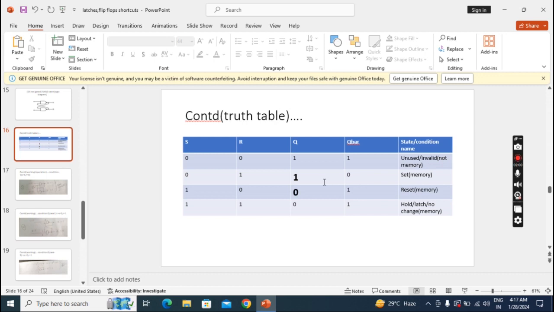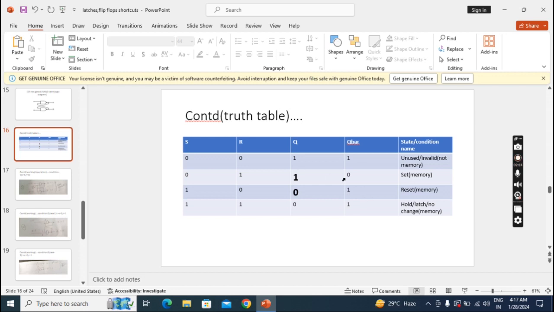These other three conditions are called valid conditions because both outputs are complementary. So these three we consider as valid conditions and memory conditions.